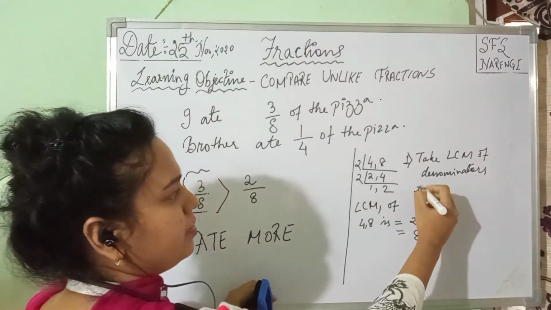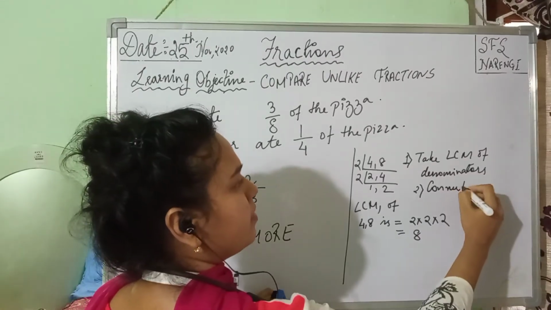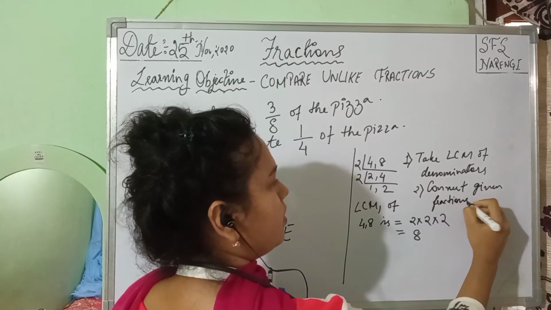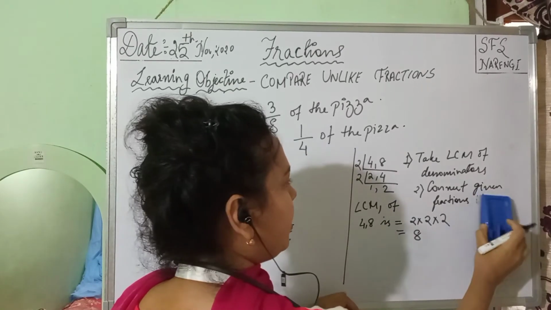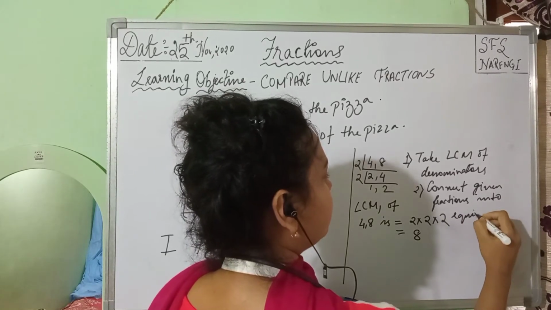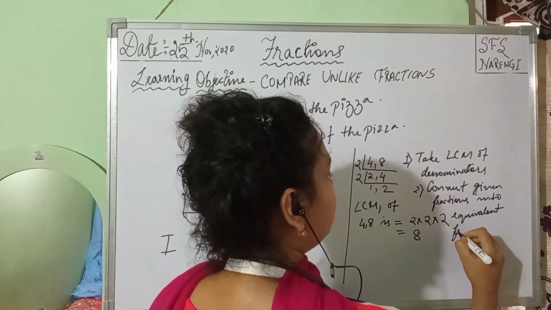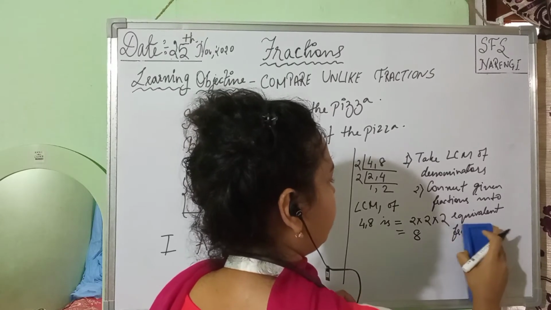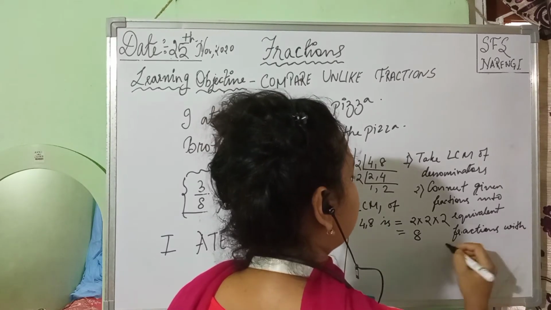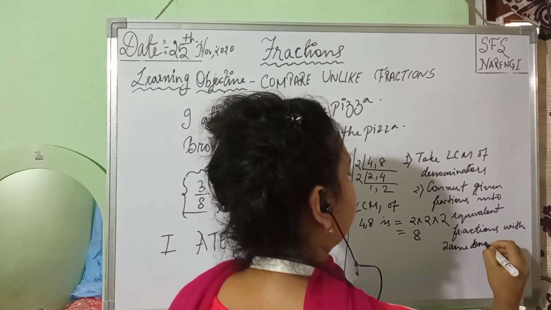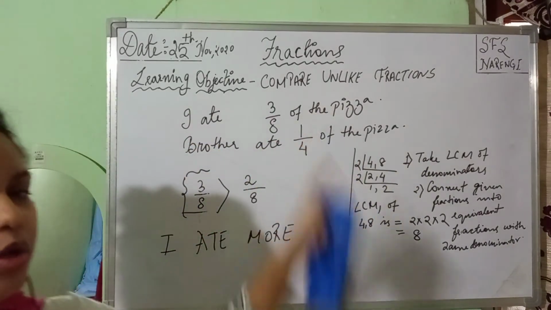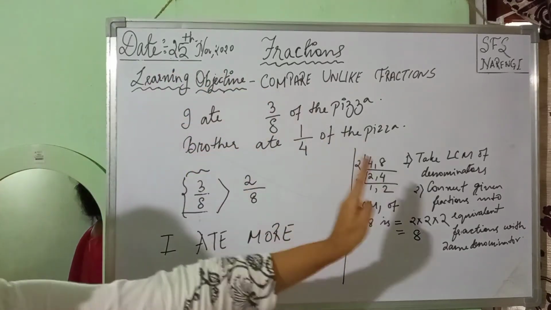And number 2, convert given fractions into equivalent fractions with same denominator. Okay. Alright. So these are the two-step process that we use to compare unlike fractions.